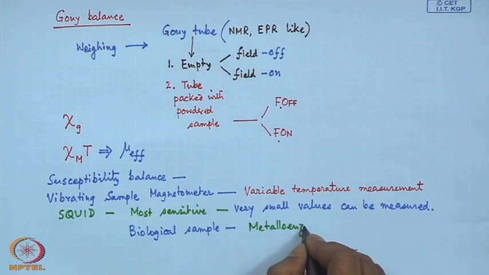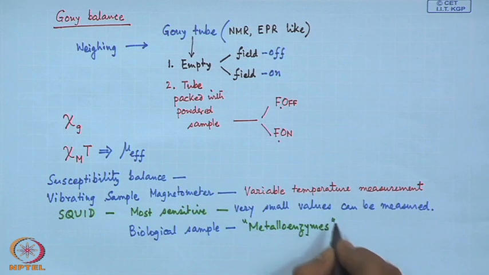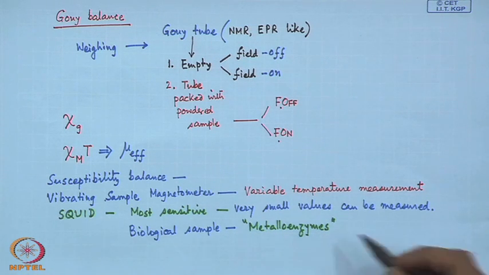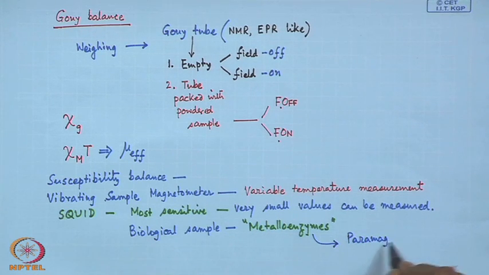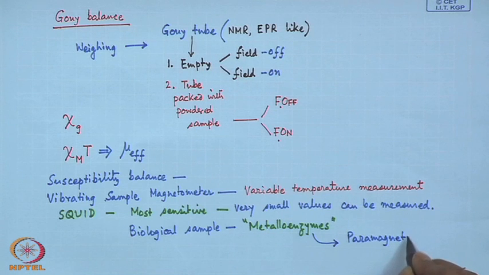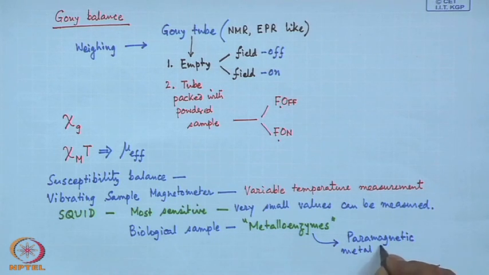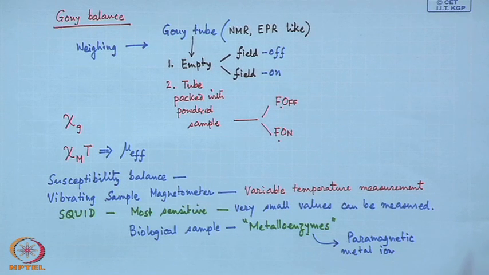Certain of these metalloenzymes can have at the center a paramagnetic metal ion, and that can show its corresponding magnetism.